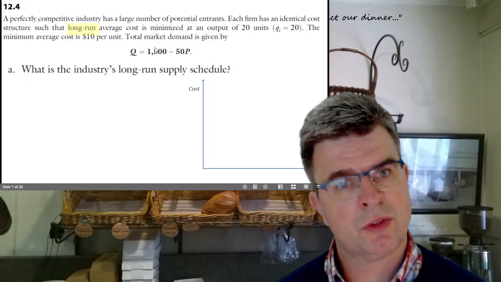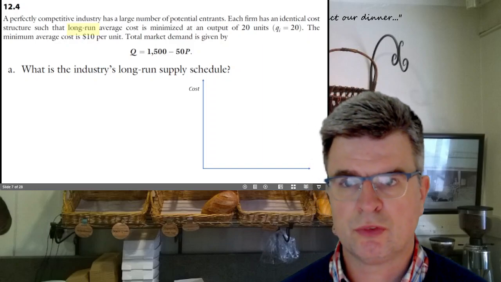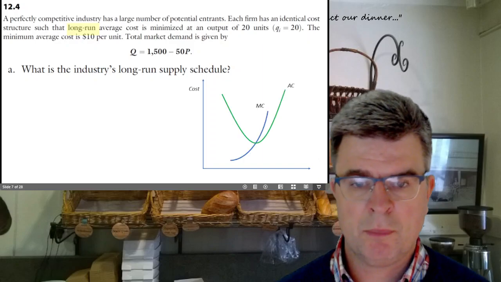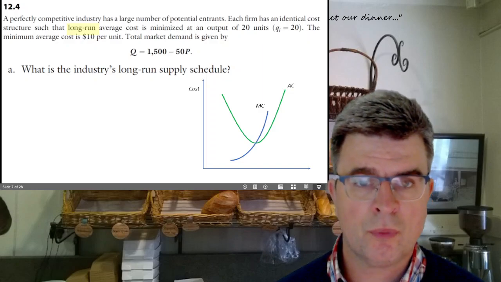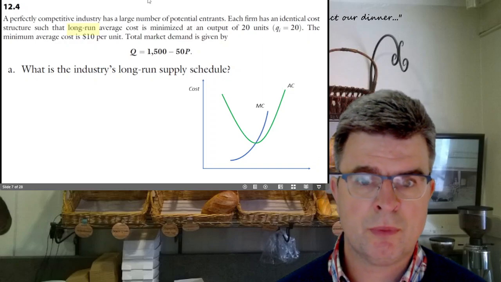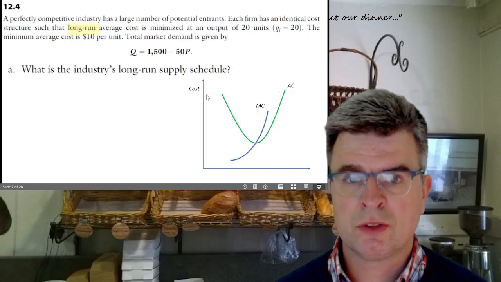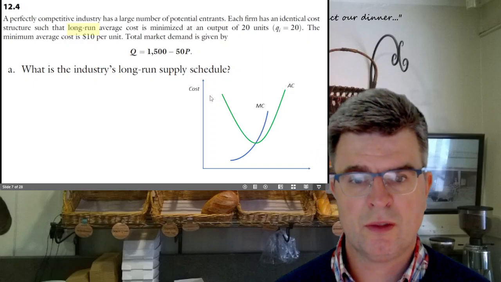Question A starts easy. What is the industry's long run supply curve? Well, to get at that, the picture is as follows. We're in the long run. So in the long run, firms can freely enter and exit the market, and no firm will be able to make a positive profit because all firms are identical and we're in a perfectly competitive environment.